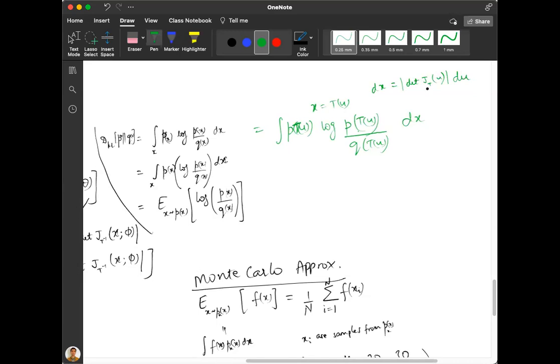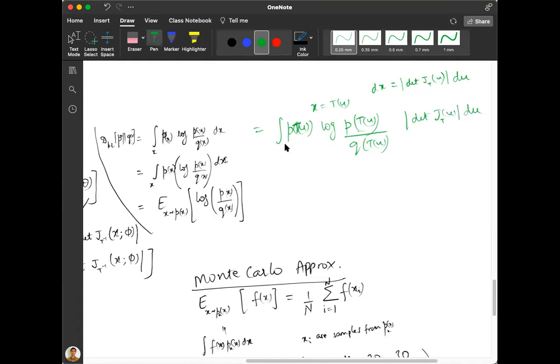X was equal to T of U, so dx is the derivative of this times du, right? So let's plug these values here. So I have got the mod determinant of the Jacobian of T at U.